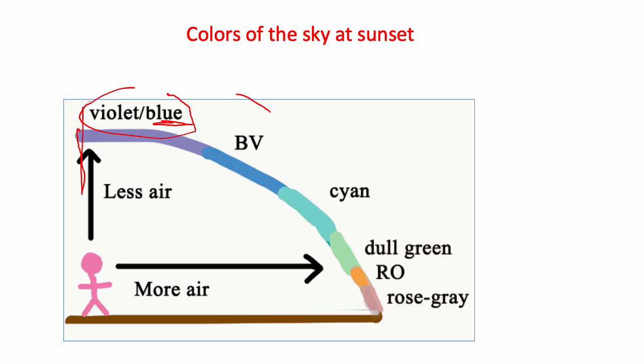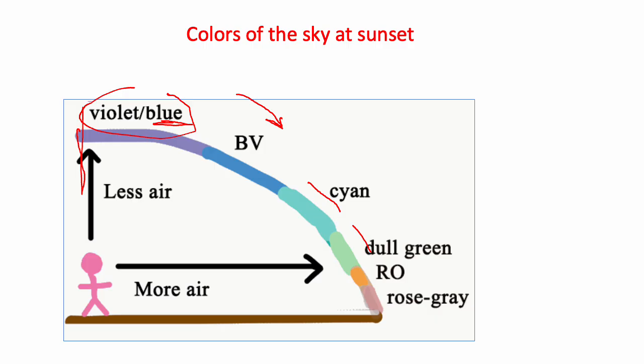As the view shifts downward, the light travels through an increasing volume of air, and in this intermediate zone, the violet and blue light are scattered so that the sky shifts towards a cyan and even a little bit of a green color.